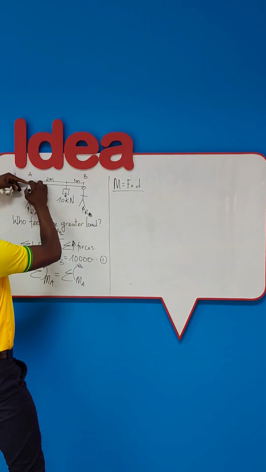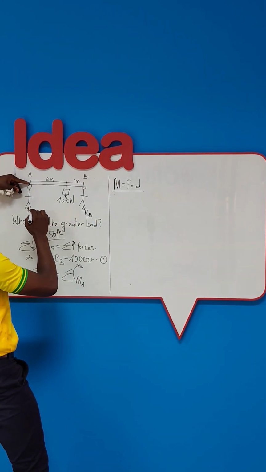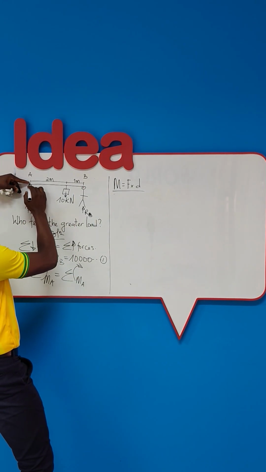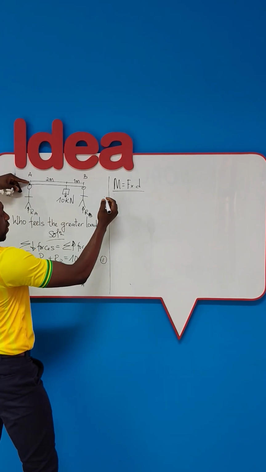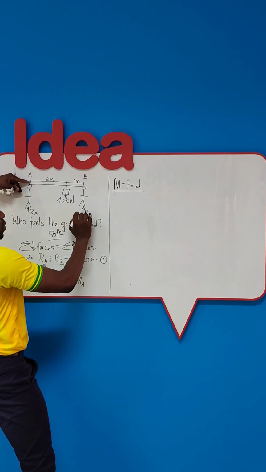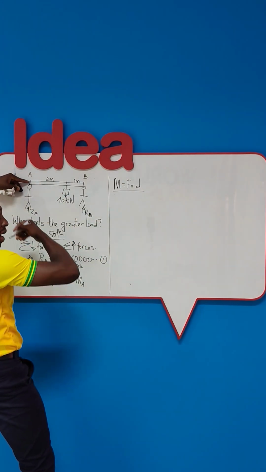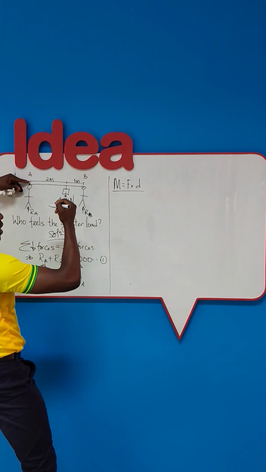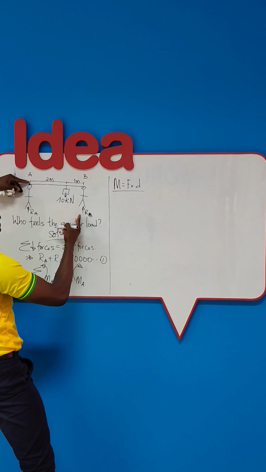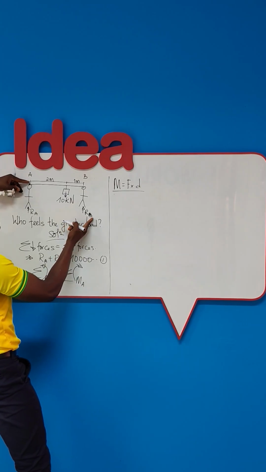We are taking this as our pivot, all right? So about point A, let us identify all the forces that are susceptible to bring about an anti-clockwise rotation. The only anti-clockwise rotation here can only be caused by RB.